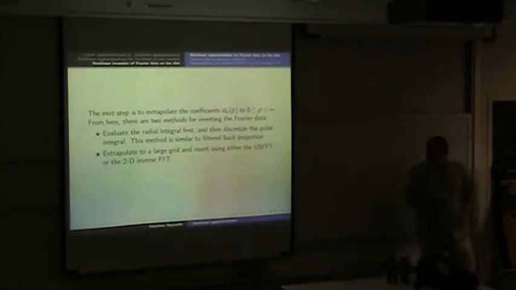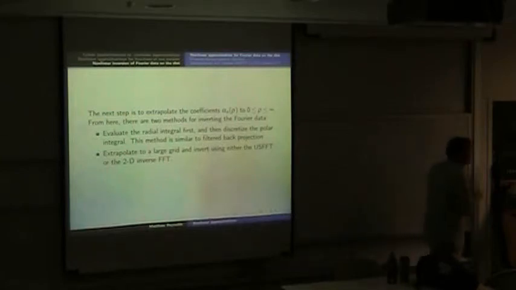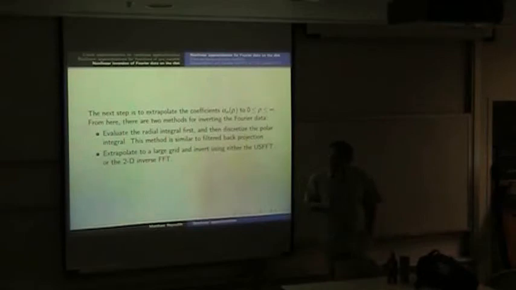Okay, so as I was saying, the next step is we want to extrapolate the coefficients, and once we've extrapolated the B-spline coefficients, there are two methods for inverting the Fourier data. The first one is we evaluate a radial integral first in the inverse 2D Fourier transform, and this method is similar to a filtered back projection.